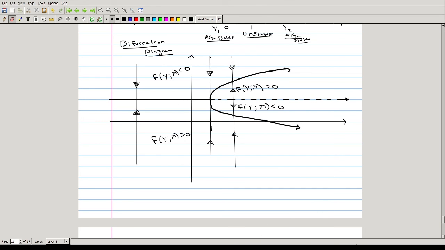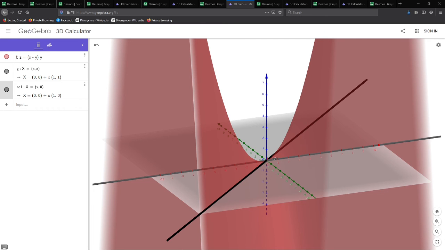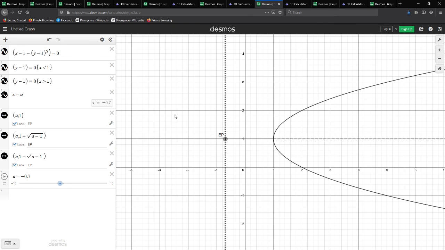So just like before, we can take a look at this using Desmos and GeoGebra to shed some light on what's going on and get a better visualization. In Desmos, we're seeing exactly what I just drew.